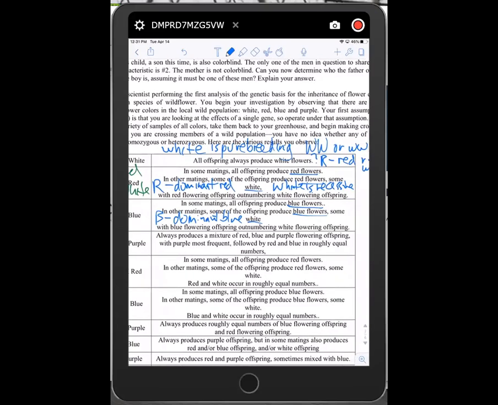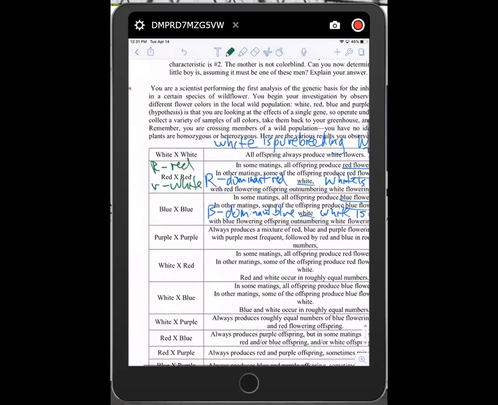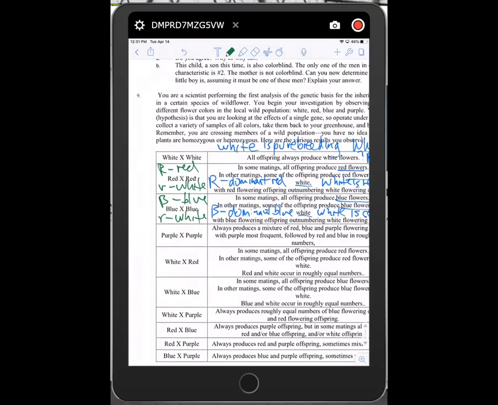And white is recessive again. So maybe we update this. We can still use little r for white, it's recessive. And maybe we add big B, blue is dominant. This is similar to what we saw earlier on the first page with the incomplete and codominant. Okay, these would be showing incomplete dominance.